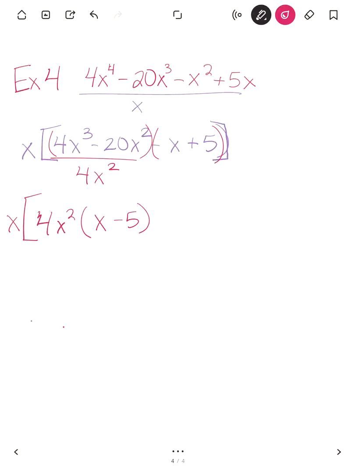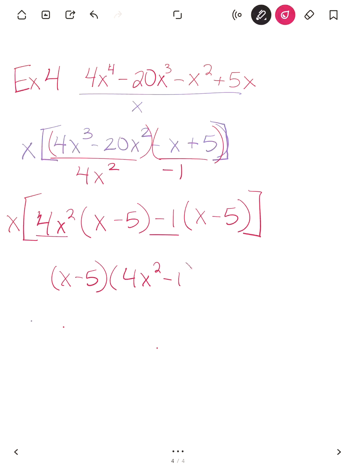From here, doesn't look like they have anything in common, but I need it to be x minus 5. So I'm going to divide by a negative 1. And I get x minus 5. That negative 1 changes the sign but doesn't change the numbers. So I have x minus 5 in common, and then I put these two together, 4x squared minus 1.